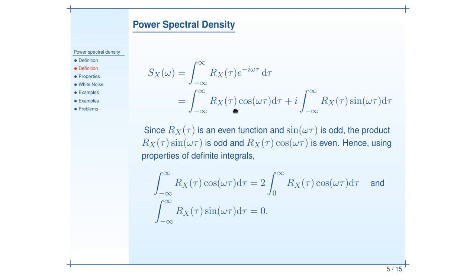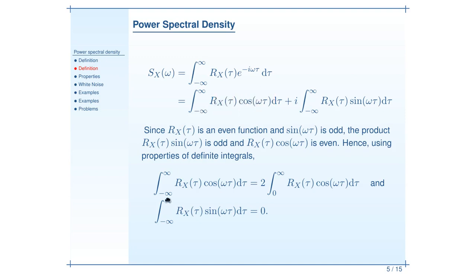We have already seen the properties of the autocorrelation function. We have seen that Rx(tau), the autocorrelation function, is an even function. And because Rx(tau) is an even function, you can simplify this expression drastically. So Rx(tau) is even, cos omega tau is known to be an even function in tau. So the product of these two even functions is again an even function.